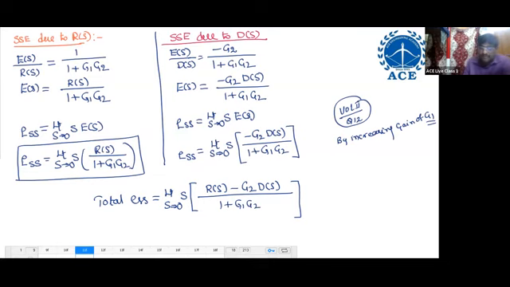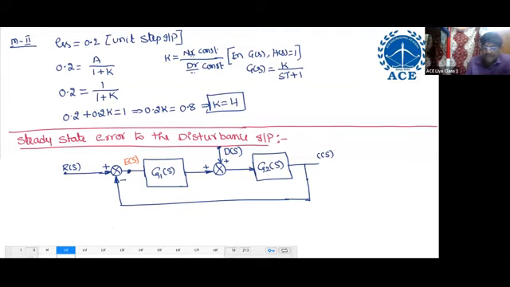Find the steady state error to unit step input and unit step disturbance to the given system.